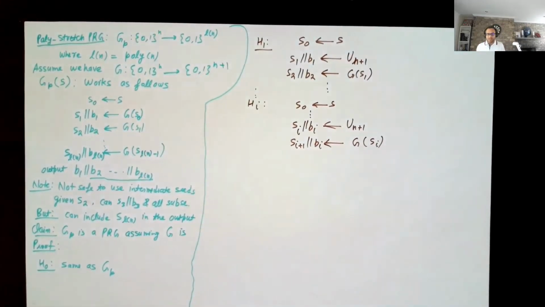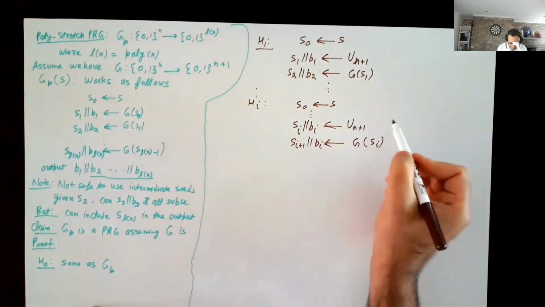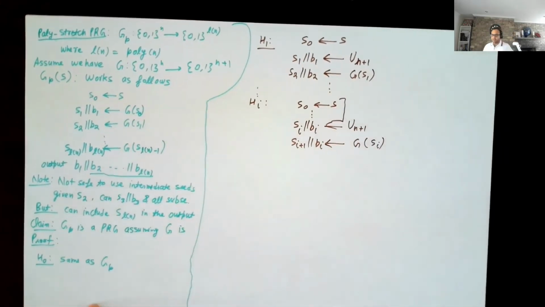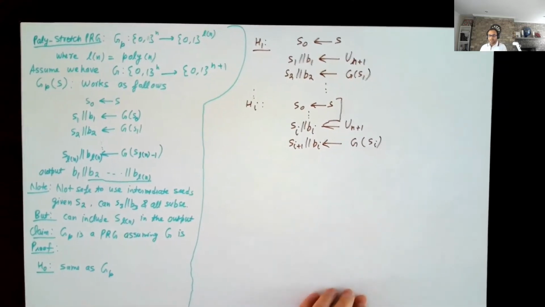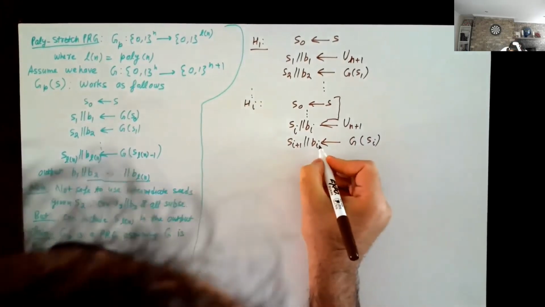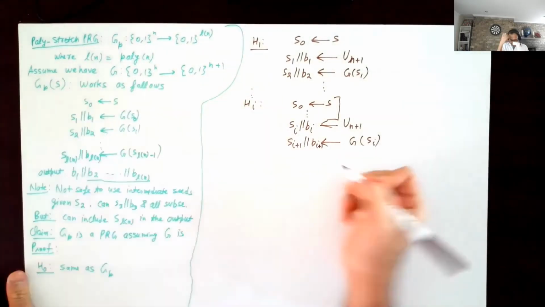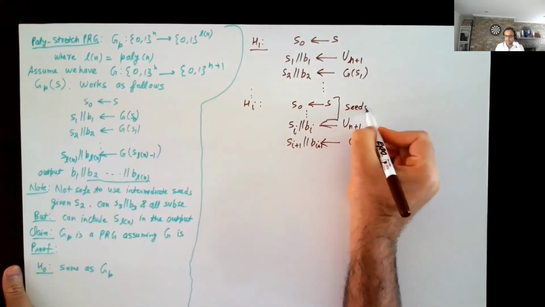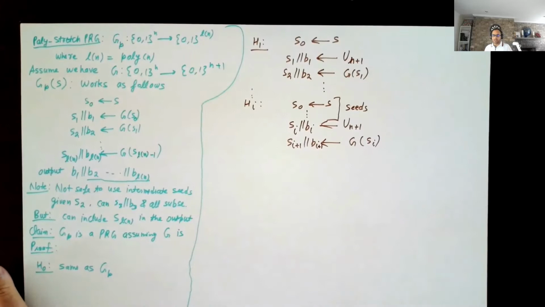So now here's an interesting observation. You look at these previous strings, right? Sorry, this should be bi plus 1. You look at all the previous seeds, just the SI strings.